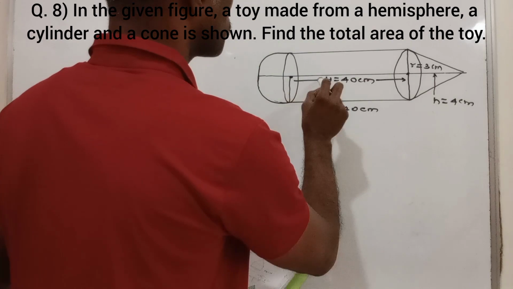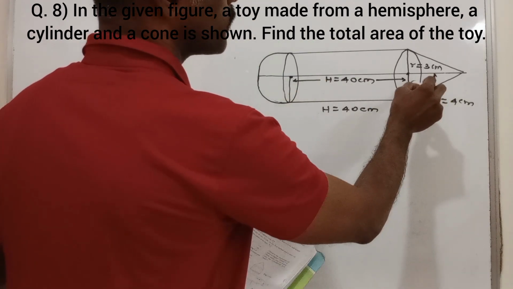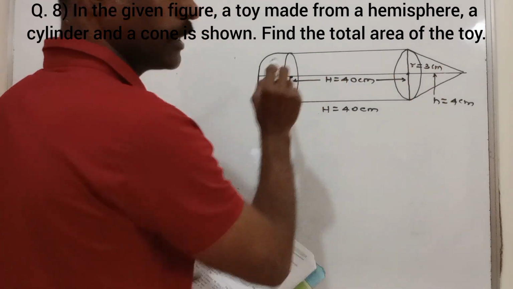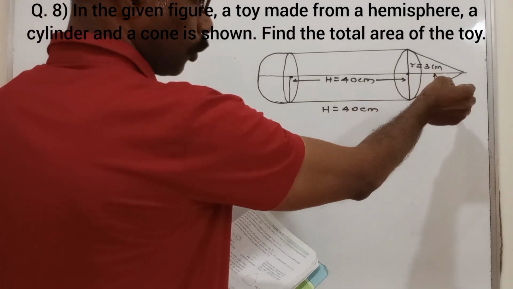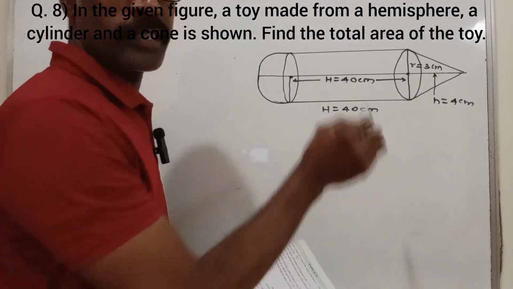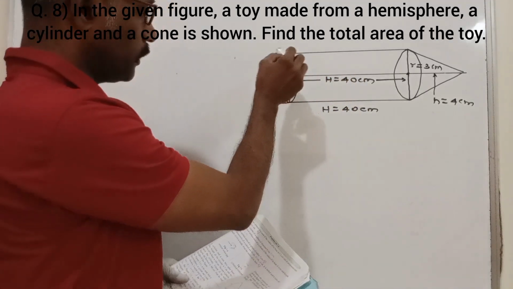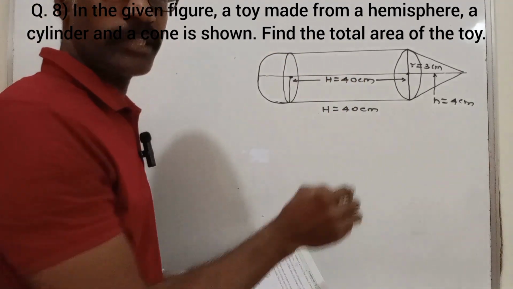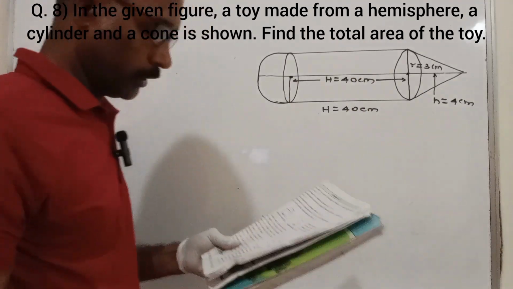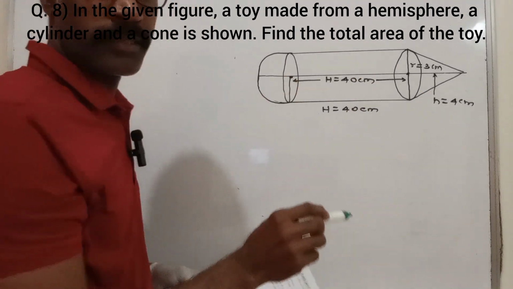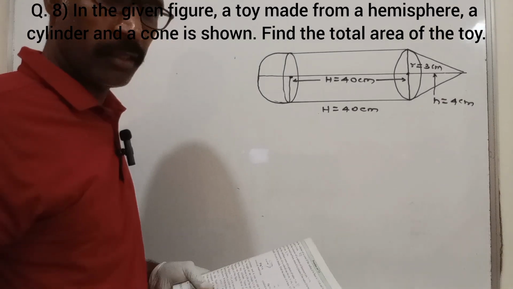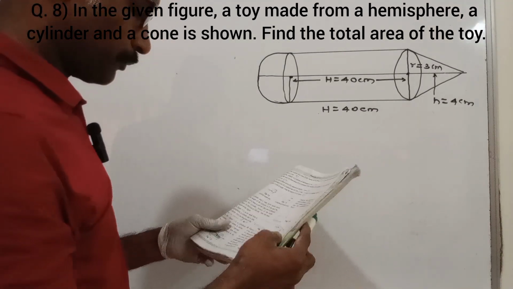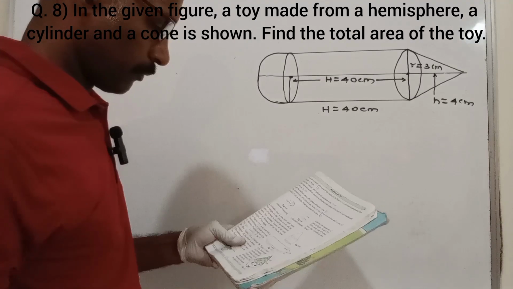Now this radius and this radius are both the same, because this cone is attached to this cylinder and this hemisphere is also attached to this cylinder. So the radius, or we say radii, of all three are equal. Okay, this is capital H.